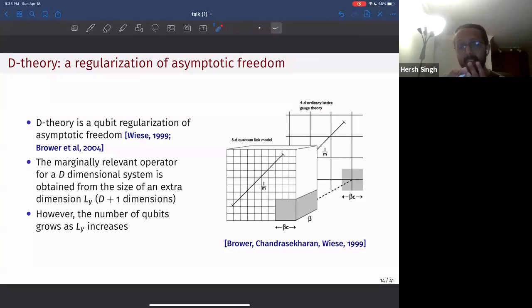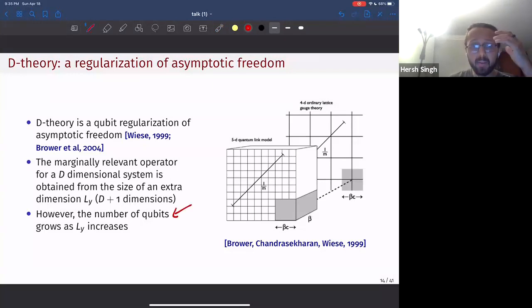That additional dimension acts as a marginally relevant deformation that you need to get your mass gap and all of the scales. This is a very nice idea, and it works.